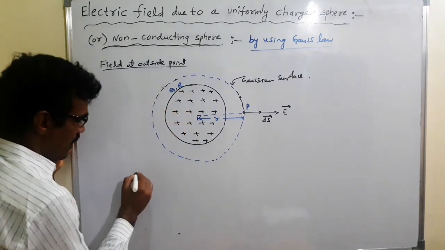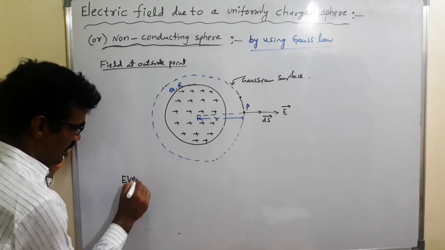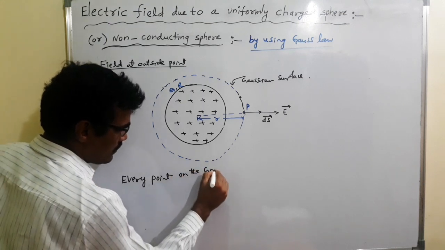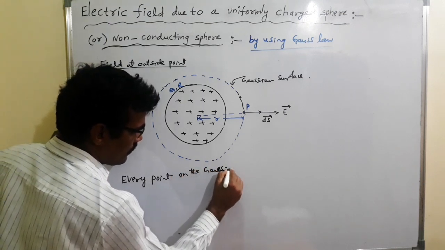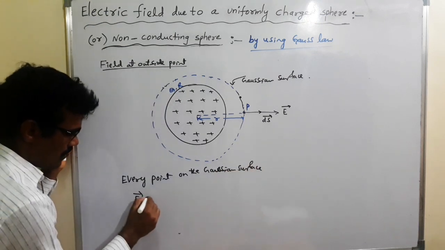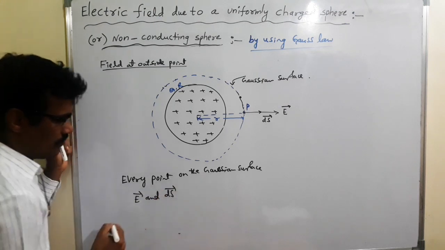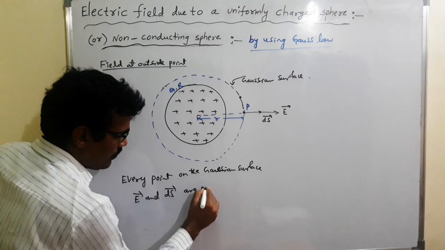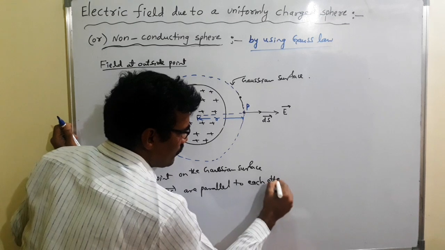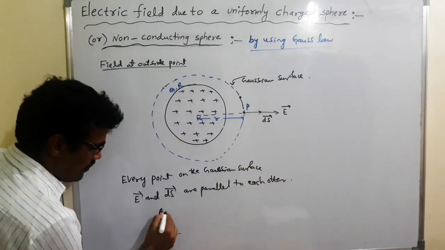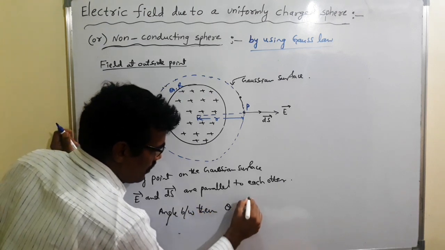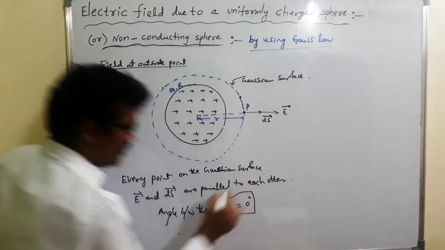Listen carefully. At every point on the Gaussian surface, E bar and ds bar are parallel to each other. Angle between them, theta equal to 0.